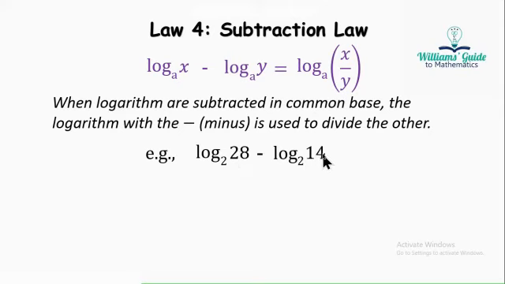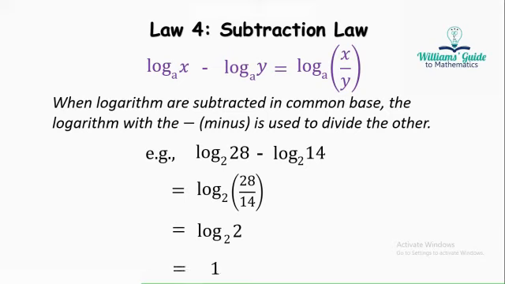Remember I said the one with the minus is used to divide the other, so we use 14 to divide 28, so that we have log 28 over 14 to base 2. 28 over 14 is 2, so we have log 2 from the division to base 2. Log 2 to base 2, the base and the number are the same. That gives us the result 1.